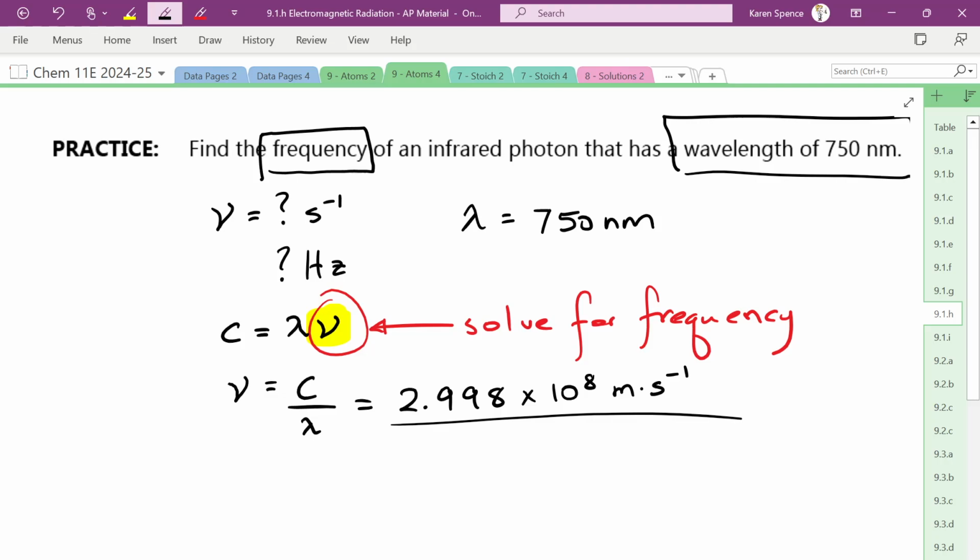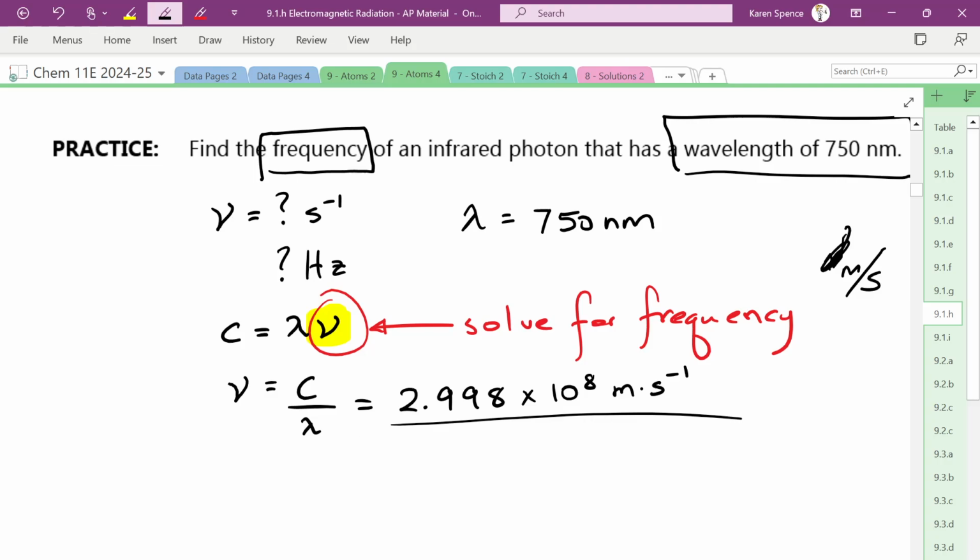One of the reasons they like to use seconds to the -1 rather than per second is that when you have a whole thing on top of another thing, you otherwise end up with this over this over this, and it gets quite vertically big. This way all your units can be on one line. But it's up to you if you want to write meters per second, that's fine.